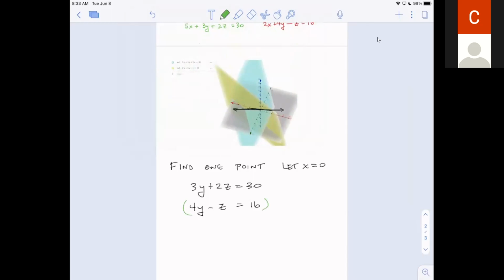And so again, as I mentioned a second ago, if I multiplied this one by 2 and added them, I'd have 3y plus 8y, which is 11y. 2z plus negative 2z is gone. And 30 and 32 is 64, and we did not get lucky in the sense that our answer came out sort of weird.